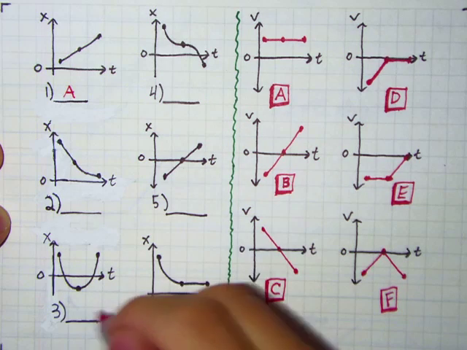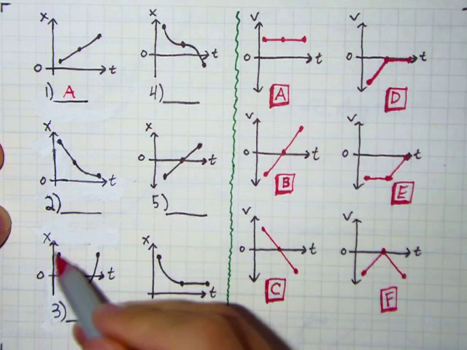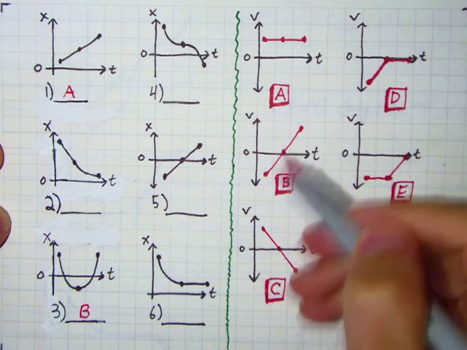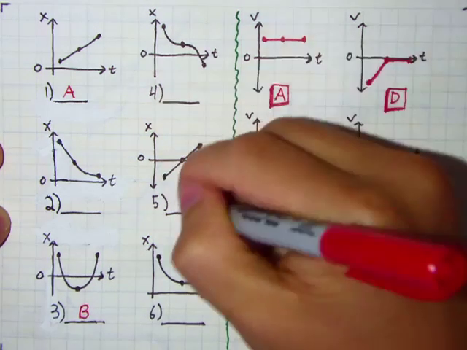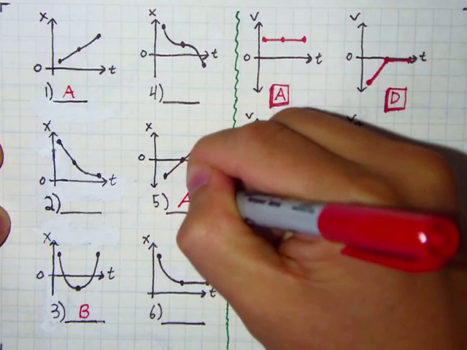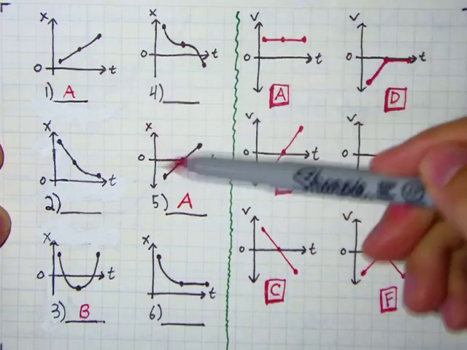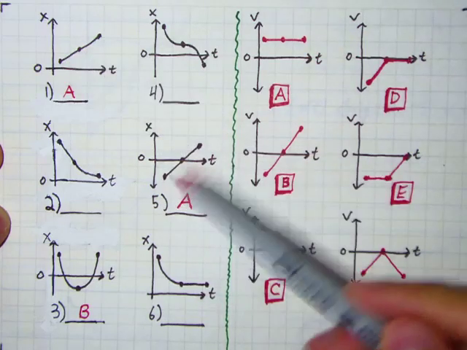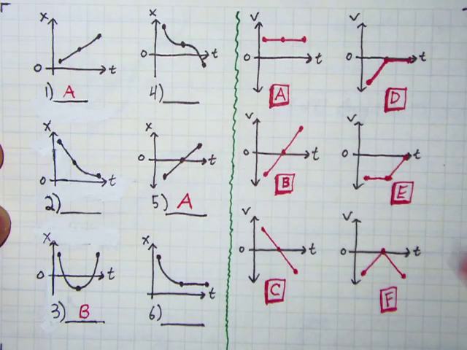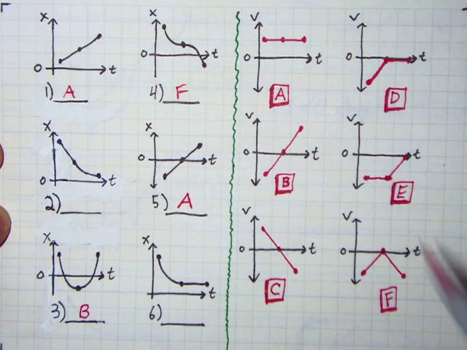That is B, zero, positive, zero, positive. Number 5 over here, that's also A. Now we changed the position of the x equals 0 axis here, but didn't change the shape of the graph. It's constant positive velocity the whole time. So that's that guy. Let's see, 4 is F, and then 2 and 6 are the slightly more tricky ones.